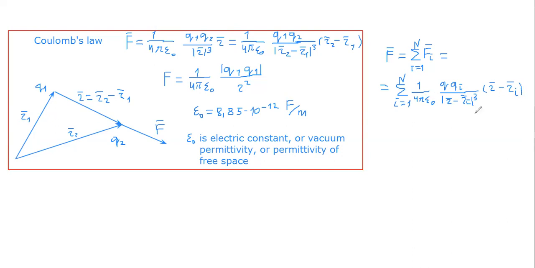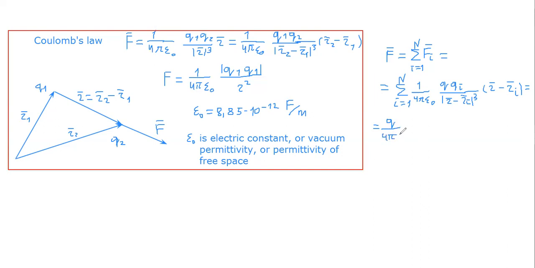And we can write Q divided by 4 pi epsilon 0 outside the sum.